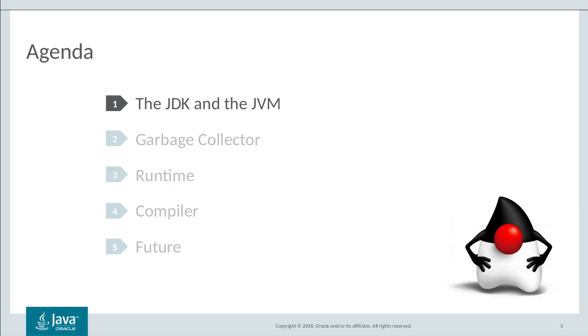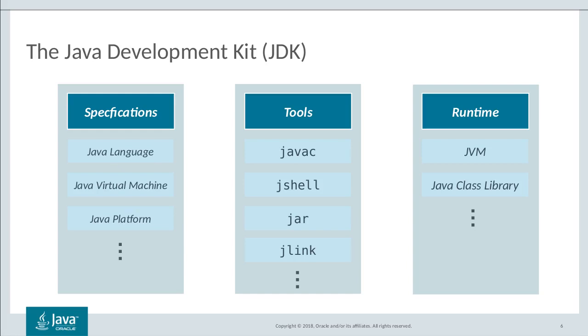Alright, let's get started and learn some more about the JDK and the JVM. So the Java Development Kit, or JDK for short, consists of many parts. First of all, we have the specifications, which in great detail describe what the Java language is, how the Java virtual machine works, and what constitutes the Java platform. Then we have the tools themselves that you all use for developing Java programs.